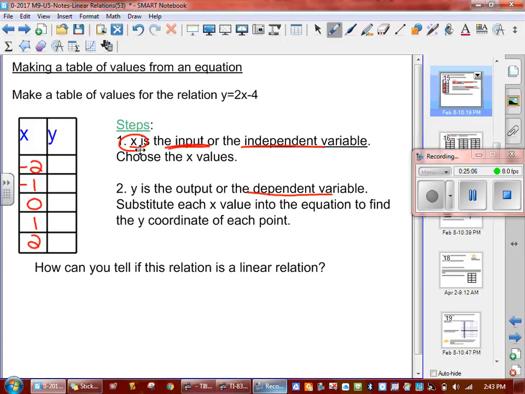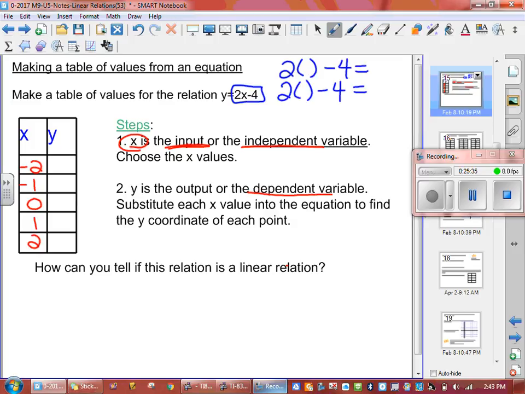How can we tell if it's linear? Well, first of all, we have to see if it's a constant rate of change. So we are going to write this 5 times so we can find the answers. What we're going to do is this: 2 times the number, subtract 4 equals. We're going to write that 5 times, everybody. We're going to substitute a number in the brackets, and that's going to tell us the other number.